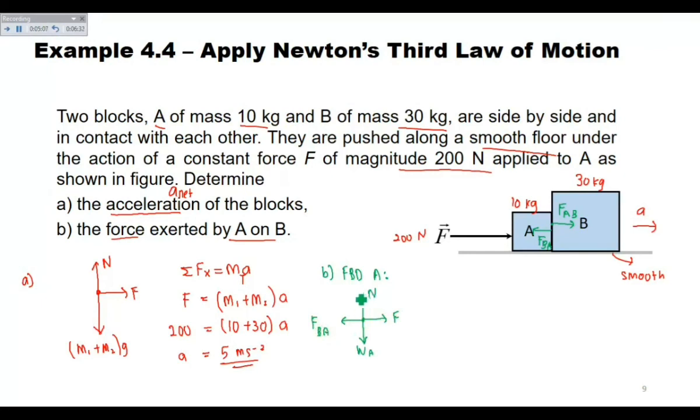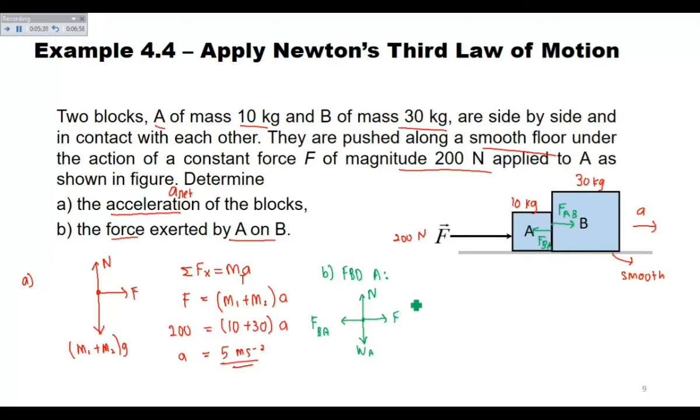Okay, maksudnya block A ni akan experience force exerted by block B on A. Okay, sebab apa dia experience force exerted by block B on A? Sebab dia in contact dengan block B. Okay, so apa-apa objek in contact with any surface atau any floor, dia akan experience satu force. Itu yang kita panggil sebagai normal force lah.